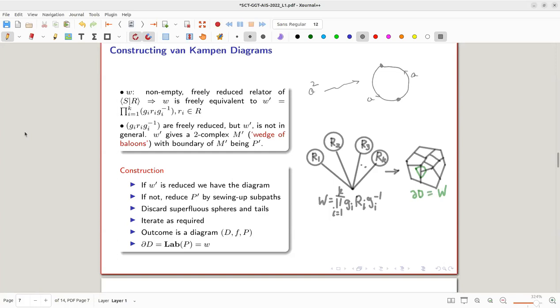No. I am starting with all these balloons, and balloons means not exactly balloons. These are disks. It looks like balloons. So there will be heavy cancellations because we are going the same way and coming back, and essentially we will get some picture like this. That's what the diagrams are.